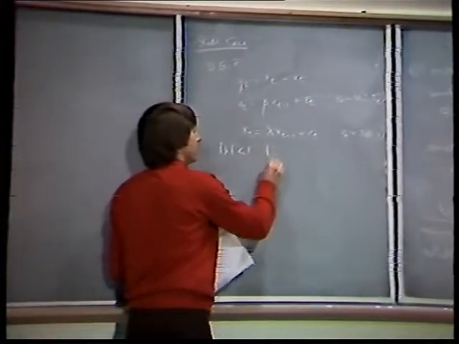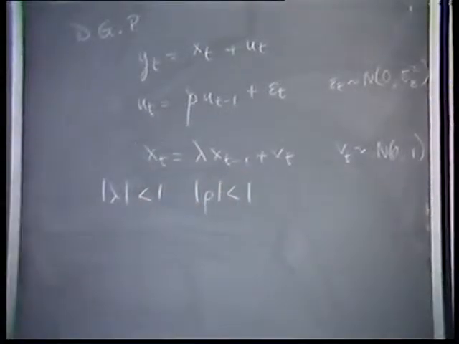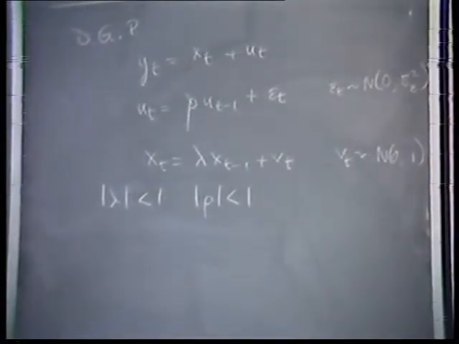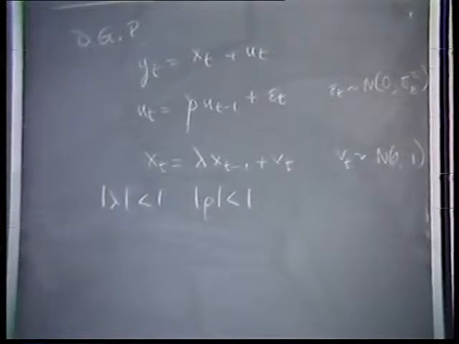We're going to have lambda and rho such that the model is stationary.